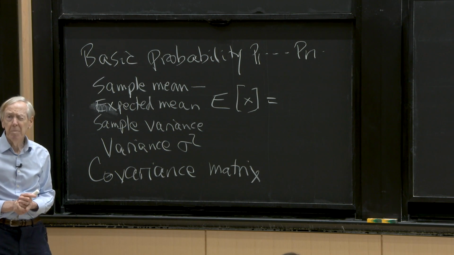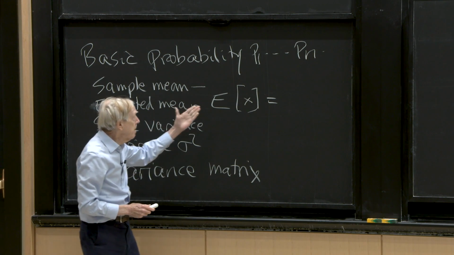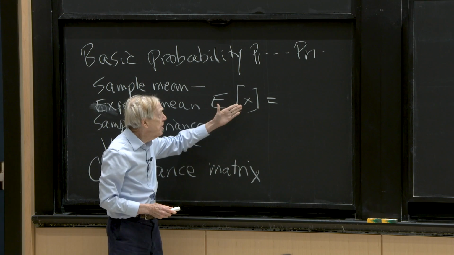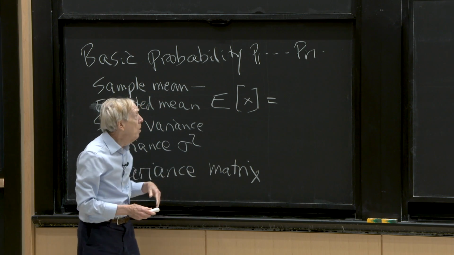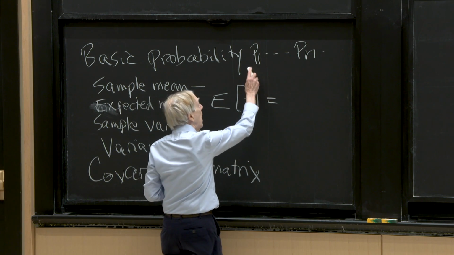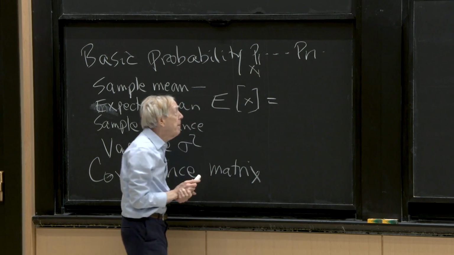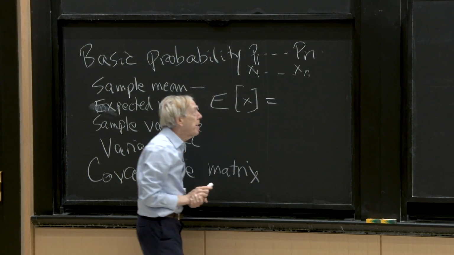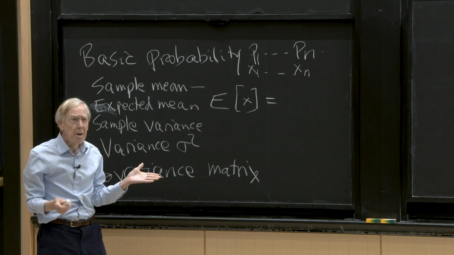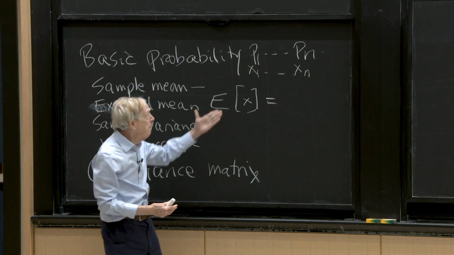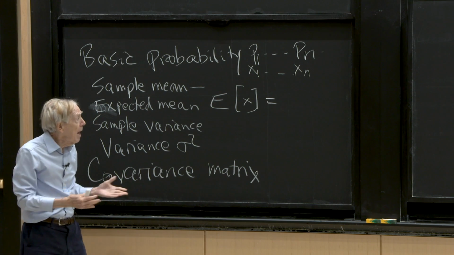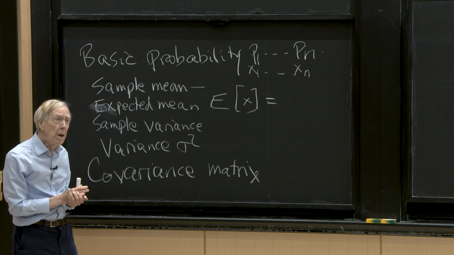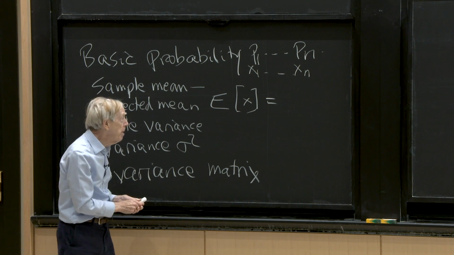What's the expected mean? So this is the expectation of the value x, where we get x1 with probability p1 along to xn with probability pn. So we just want to say what's our average output, average outcome, and we weight it by the probabilities.